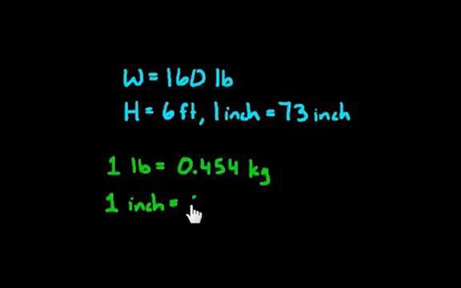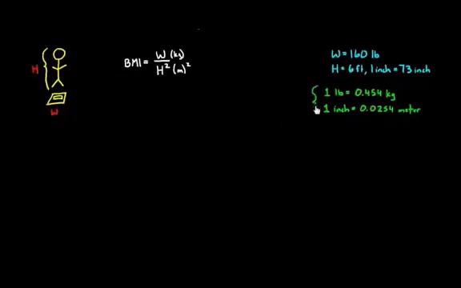And so it's 0.0254 meters. So now I've got my conversions, and I can plug these numbers in to help me convert from kilos and meters over to pounds and inches, making my equation much simpler to use.